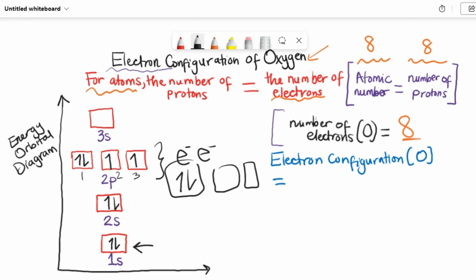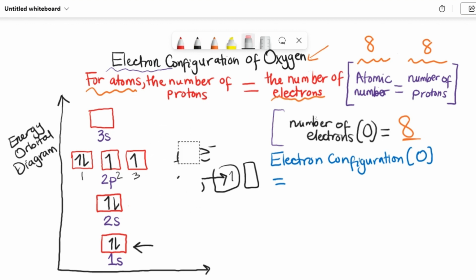Since both of them are negatively charged, like charges repel each other, forcing each one of them into another orbital before we are in a situation where we can pair them up.